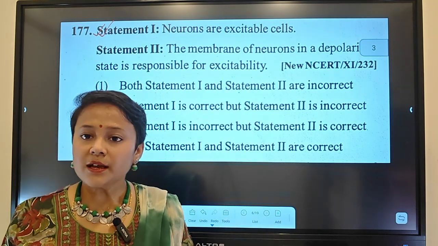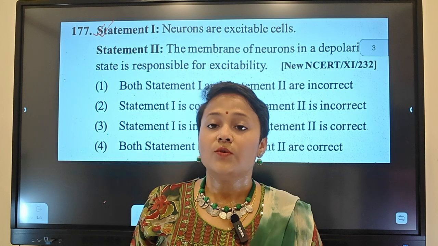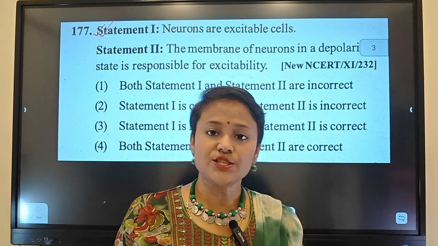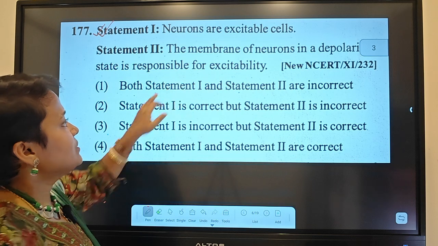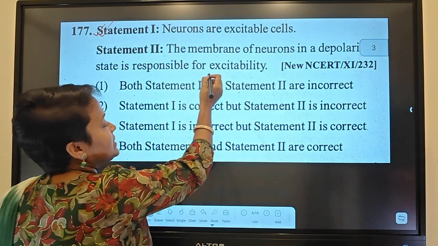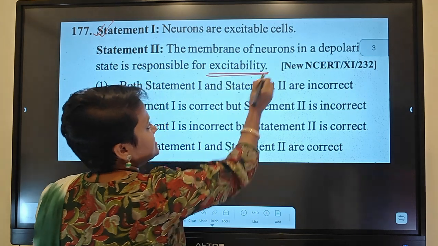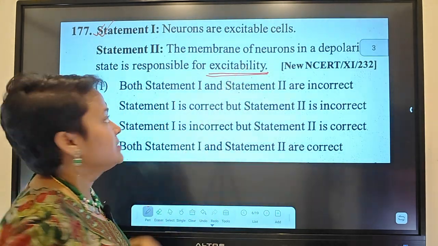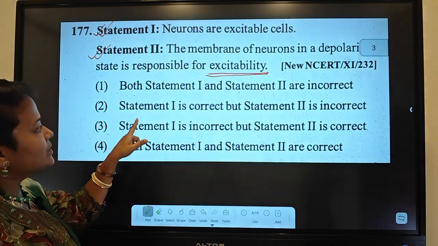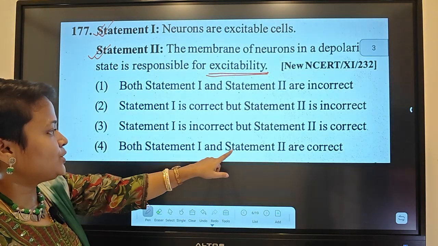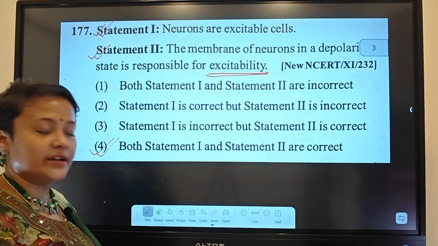When it becomes depolarized, meaning it becomes plus 35 when it generates an action potential, at that time there will be generation of a nerve impulse, so that it will excite. So excitability is basically depolarization. This statement is also correct. So statement 1 and statement 2 both are correct, so option 4 will be the correct one, right?